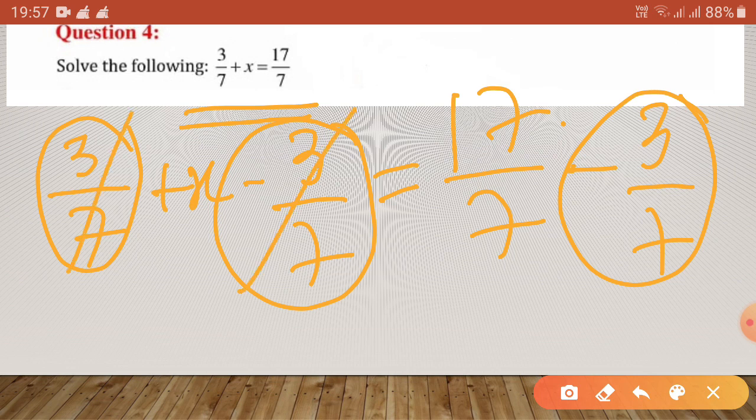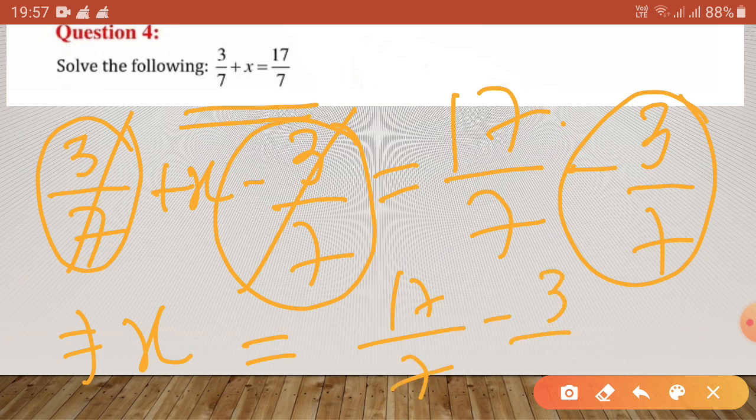So this will omit, okay, and we will get x equal to 17 by 7 minus 3 by 7. So if we take the LCM, the LCM will be 7, and on the top it will be 17 minus 3.